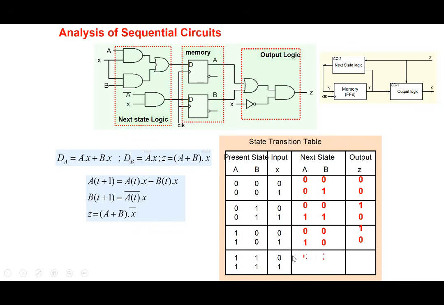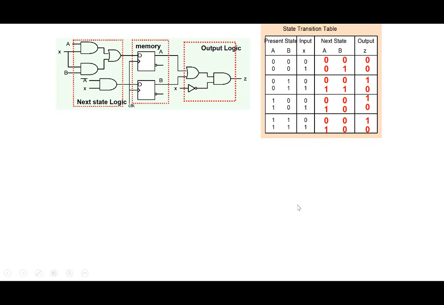If input X is 0, what happens? If X is 1, what happens? And we fill up the table. So this is called the state transition table. It tells us how the system goes from one particular state to the next given a particular input, and what the corresponding output is when that happens. That describes the behavior of the system.